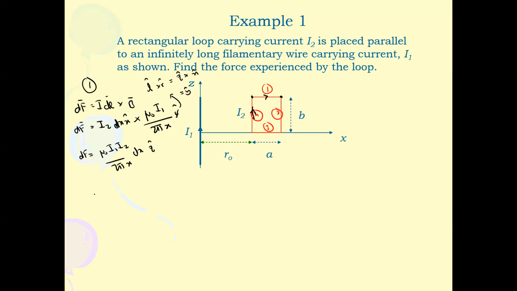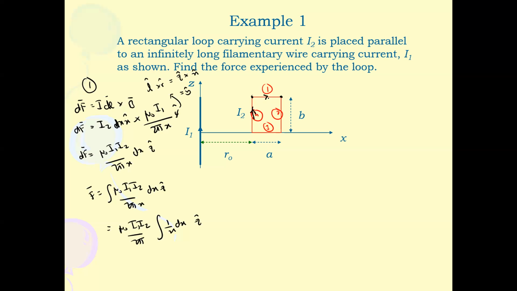From here we have the total force experienced by side number 1 equal to the integration of mu naught I1 I2 over 2 pi x dx in the Z direction. That gives mu naught I1 I2 over 2 pi times the integration of 1 over x dx in the Z direction.